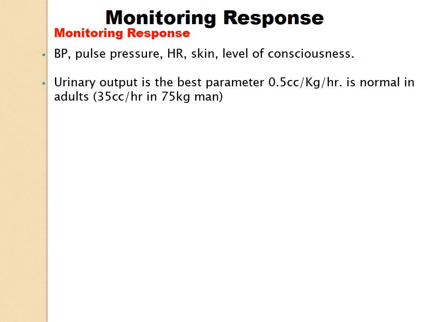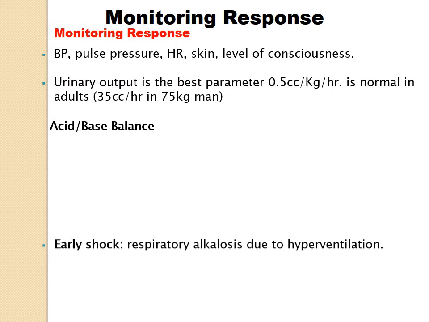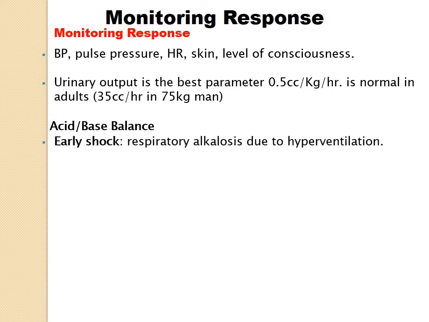And in addition to this, urinary output is the best parameter as we discussed earlier. And another key parameter is the acid-base balance. On the basis of the shock, the acid-base balance is monitored.